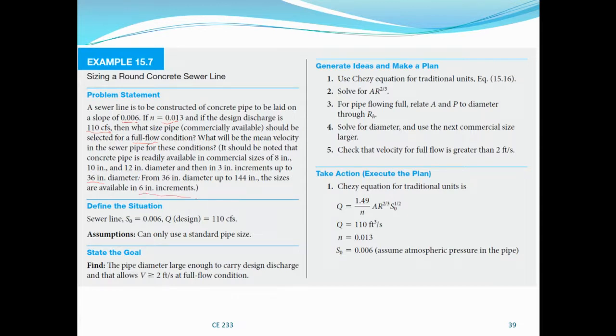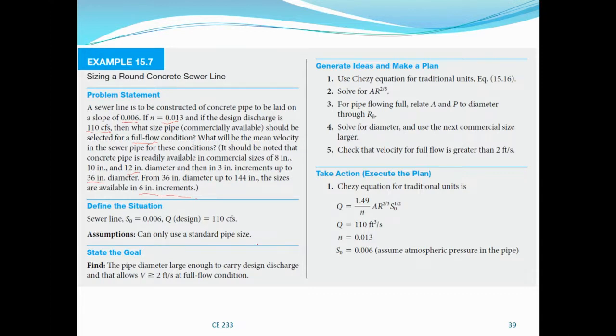Meaning from 12-inch to 36-inch is available in 3-inch increments, that is 12 plus 3, 15: 15-inch, 18-inch, 21-inch, up to 36. And from 36 to 144 is in 6-inch increments, that is 36 plus 6, 42: 42-inch, 48, 54, up to 144.